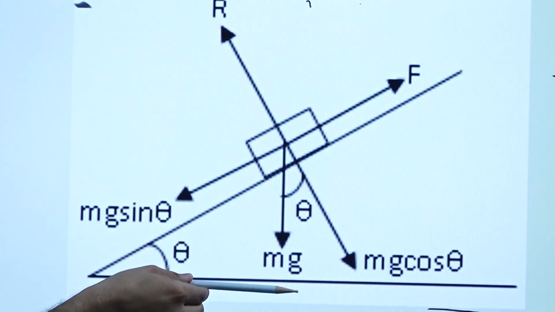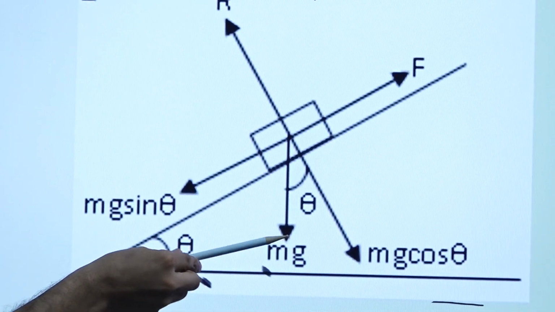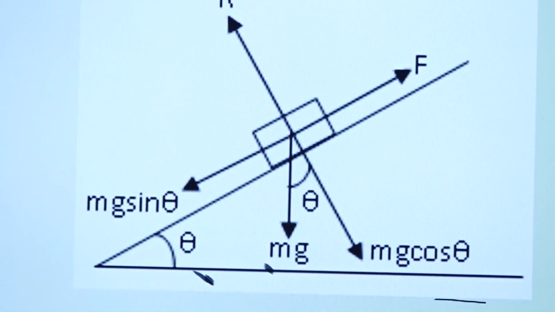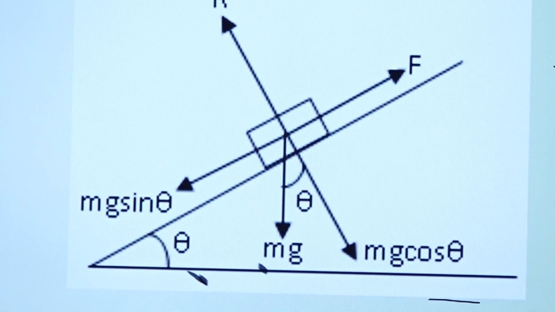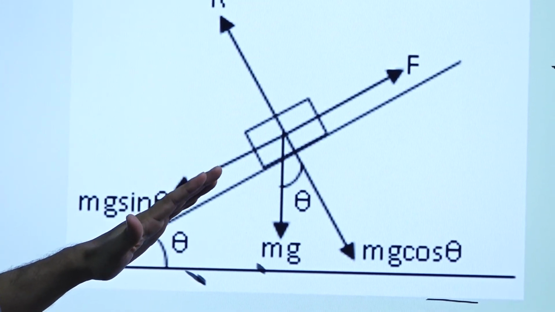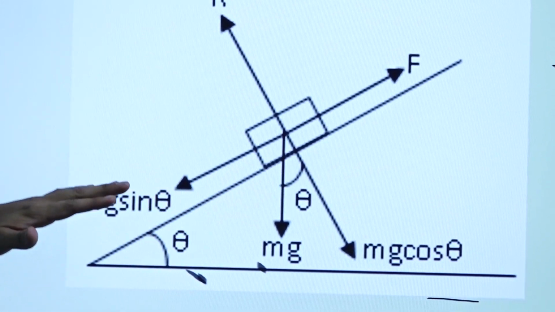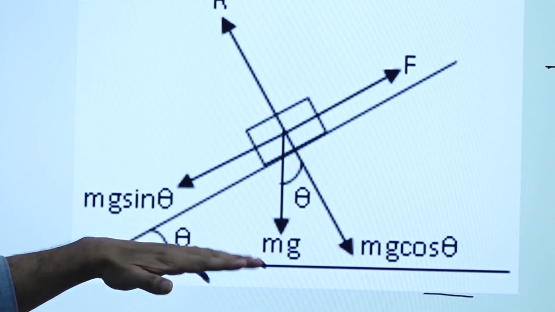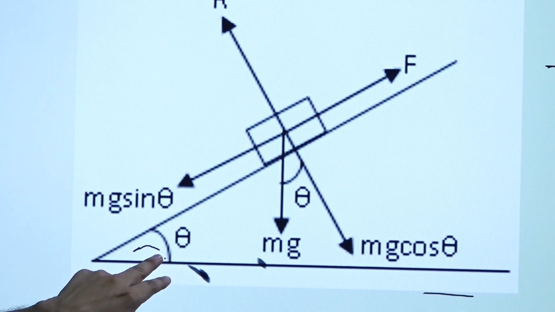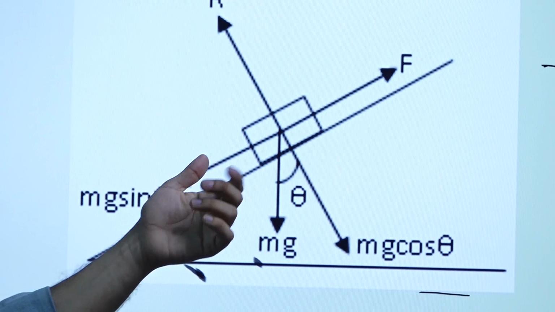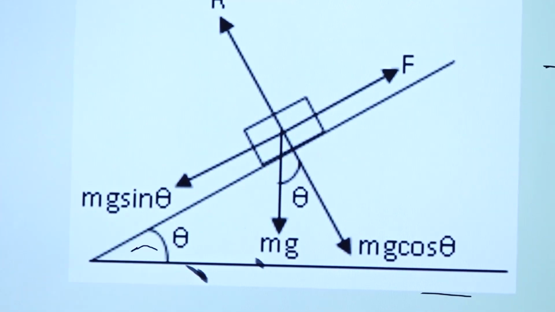Initially the surface was here, then we start rotating it, and up to some point this block will not fall down. But when you rotate this surface up to some value, after that the block will start to move out. Then only this block will start to slip.